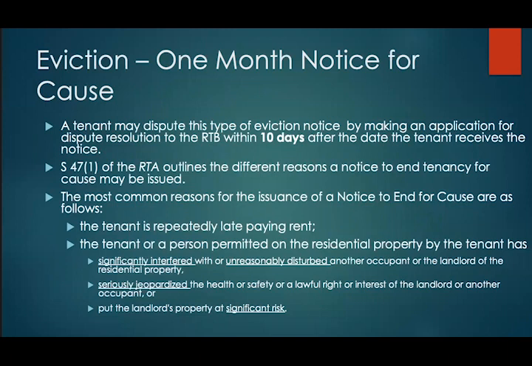So the 10 days starts on that day that the tenant receives it. If the tenant receives it by mail, I believe the deemed service provisions are 5 days after receiving it in the mail, so it would be 5 days tacked onto that.